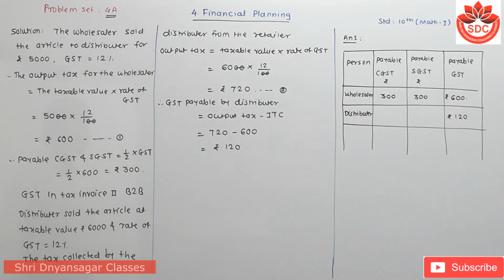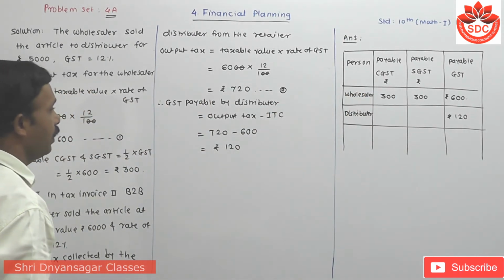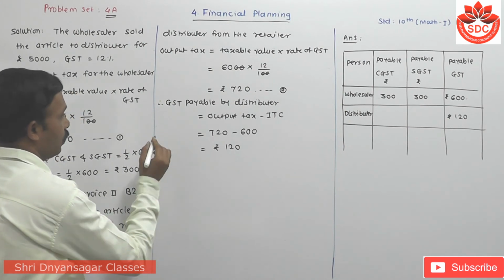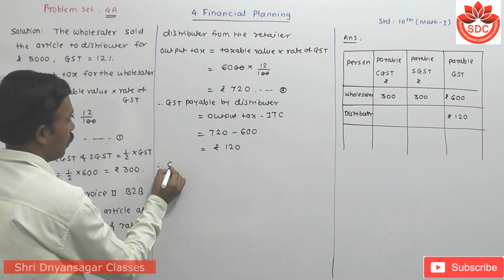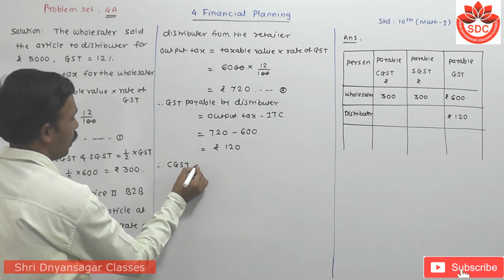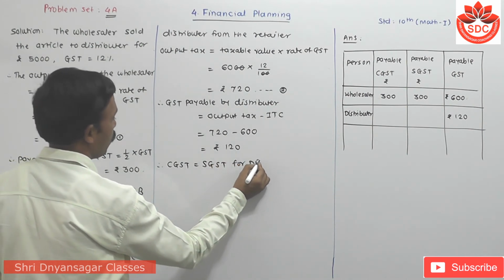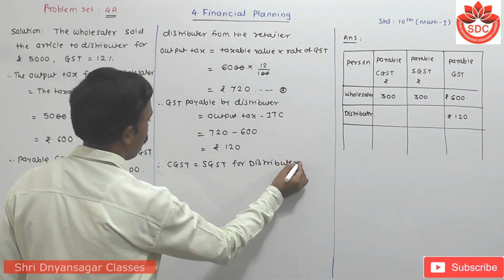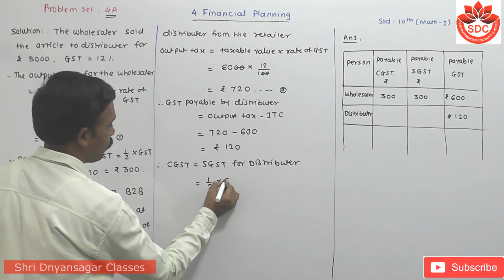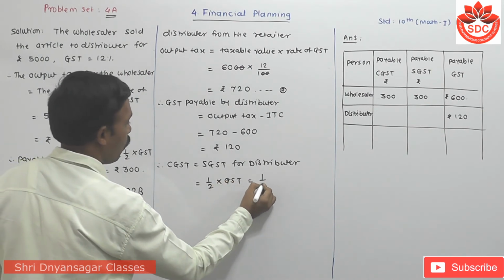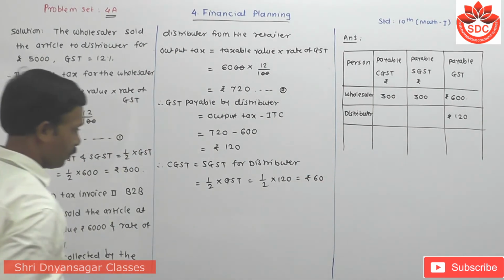Now we have to find out its CGST and SGST also. Therefore, CGST is equal to SGST for the distributor, which is half of the GST. That means half of this 120 is equal to rupees how much? 60.